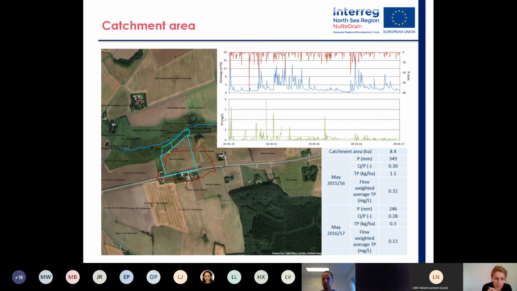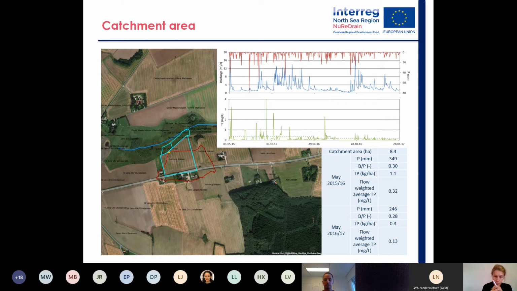This area has been monitored for a couple of years, and we can see in the graphs the variation of the drainage flow in time on the top graph, and also the variation of total phosphorus concentration across these two hydrological years.